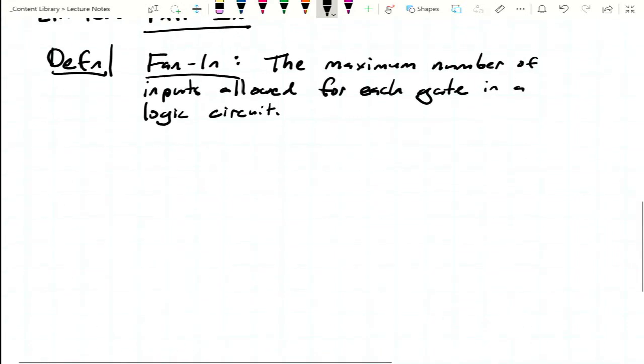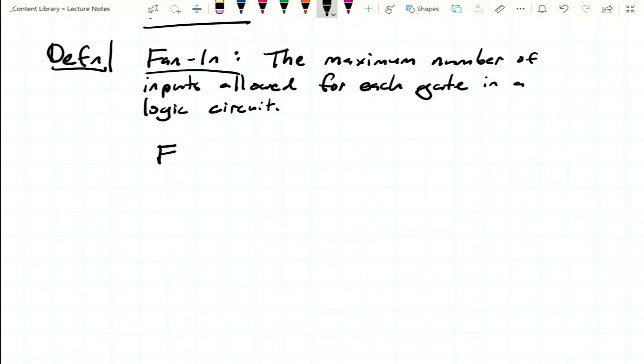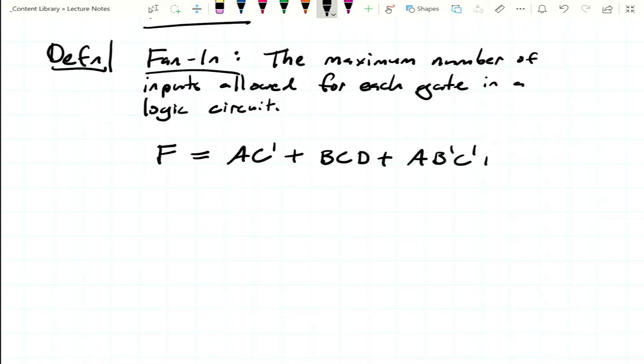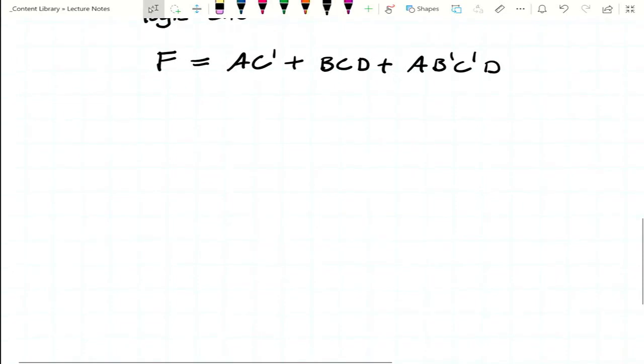So if I have an expression like, say, F is equal to A C prime or B C D or A B prime C prime D, something like that, and I go ahead and draw this. Now this is a sum of products expression, which means we're going to get a two-level AND-OR logic circuit.